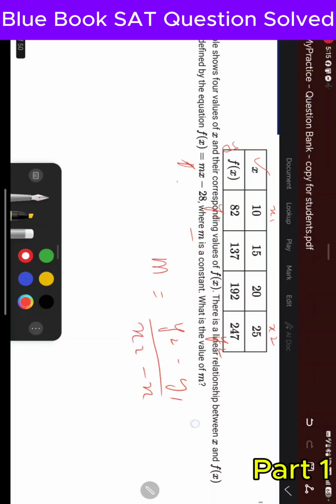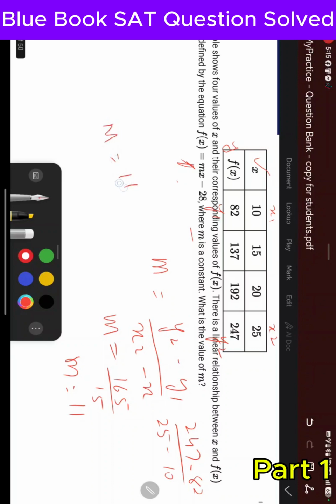Y2 is 247 minus 82, and x2 is 25 minus 10. So it is 165 over 15, and if we divide, we get 11. So m will be 11, or 11 over 1, and this will be the answer.